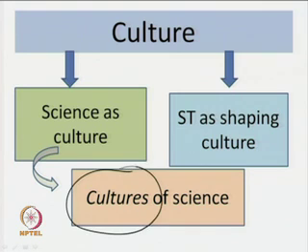For scholars like Bruno Latour and others, this is the most important: the cultures of science. By cultures of science, we do not mean only the practices of scientists, and we certainly do not mean only laboratory life. What we mean is the system of codes, the way scientific statements are encoded, and the way scientists and students are taught to decode those signs.